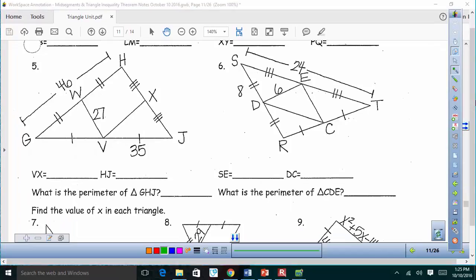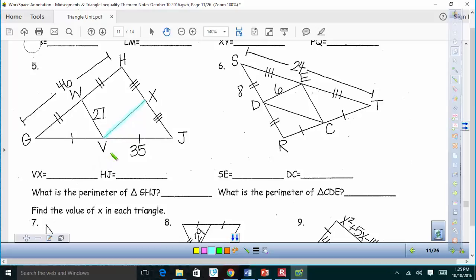So for 5 and 6, this has lots of little triangles within a triangle. So the first thing that they ask us about is the length of VX. So VX is right here. Is that a bottom or a midsegment there? It's a midsegment.